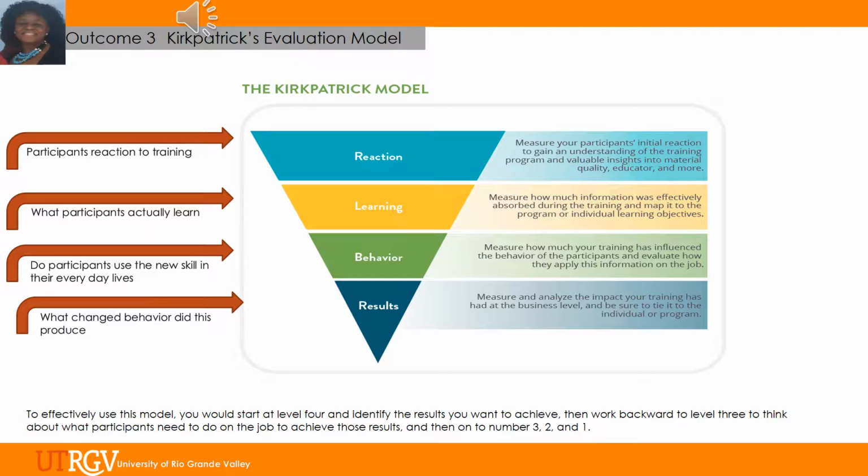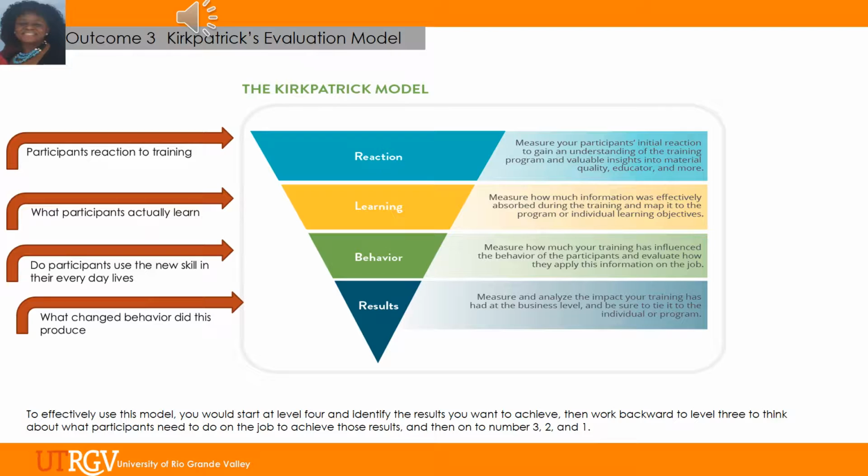During our introduction, we'll look at Donald Kirkpatrick. Donald Kirkpatrick was a professor emeritus of the University of Wisconsin. In 1954, he developed and rolled out his four-level evaluation model.